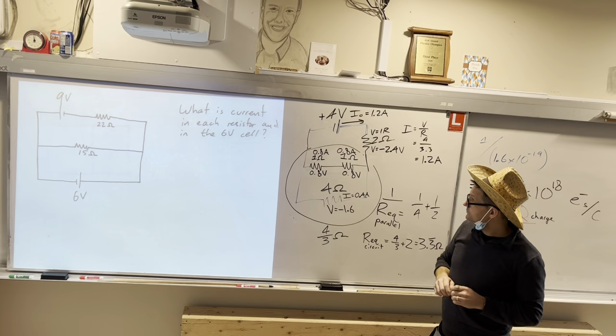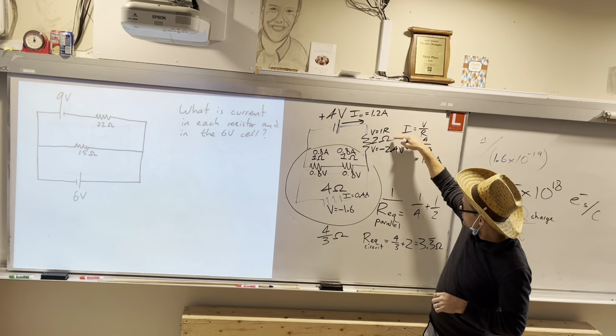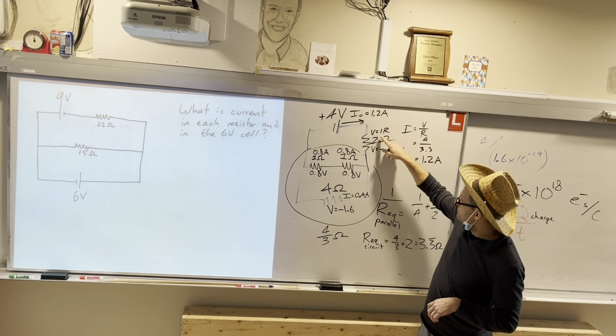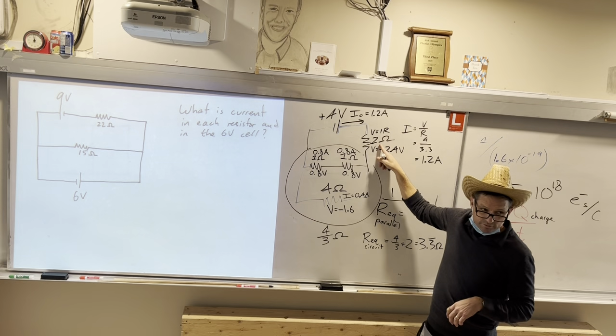What was the calculation? Because this is a 2 ohm resistor, to find current we do V over R, so 4 over 2.